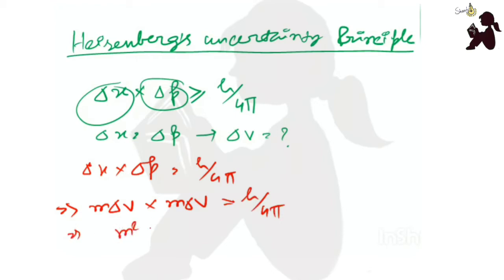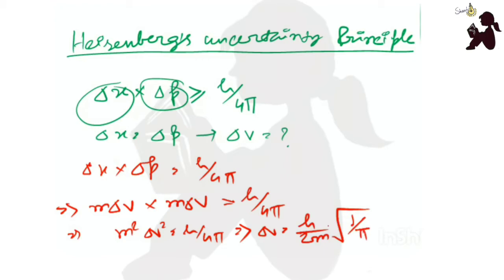So it will be m square into del v square equal to h by 4 pi, or del v equal to h by 2m into root over 1 by pi.